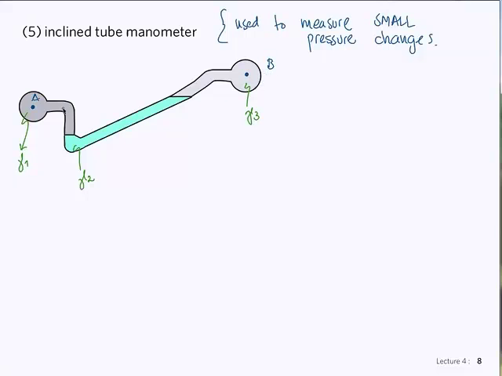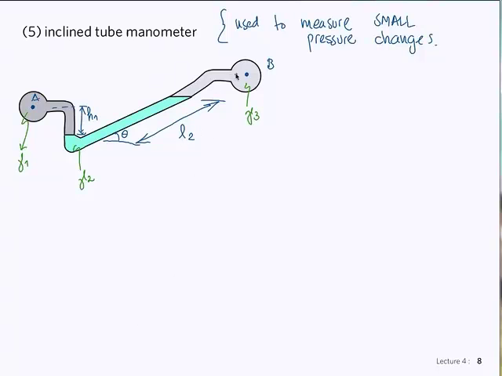And we go same as before. We have H1, and we have an angle here, theta, and what we measure in the inclined manometer is going to be this length, L2, and we just need to incorporate the angle, because what matters is going to be the heights.